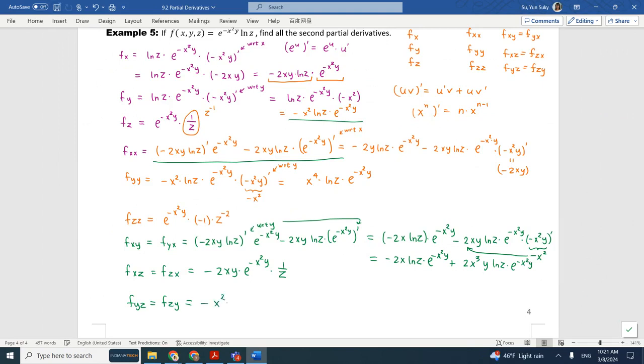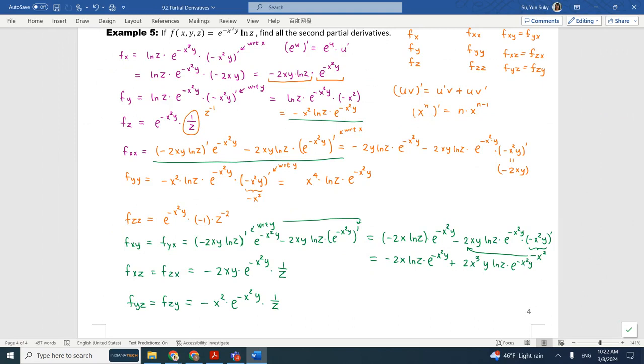So minus x squared and e to the minus x squared y. What's the derivative of ln z? Yes, 1 over z. Okay, and these are all the second partial derivatives. Any questions? All good, everybody?